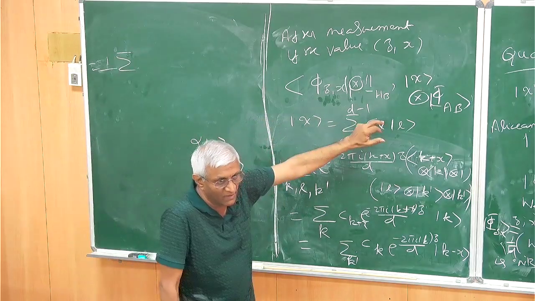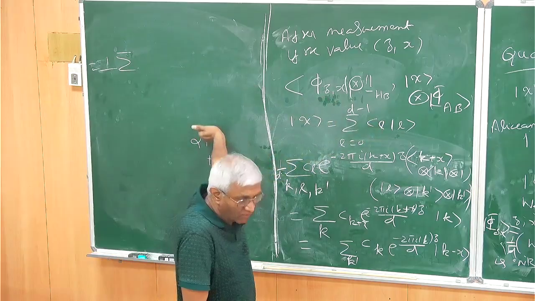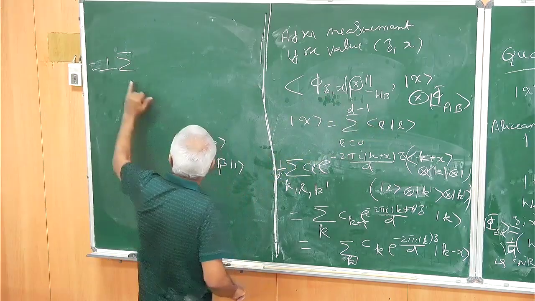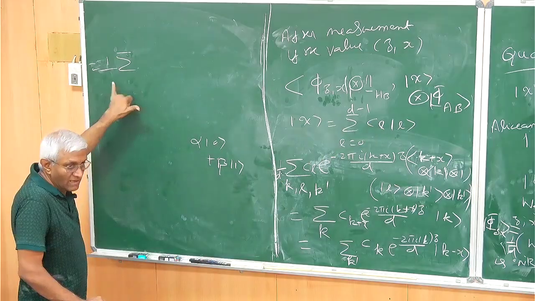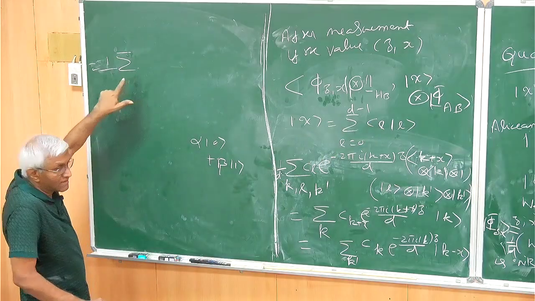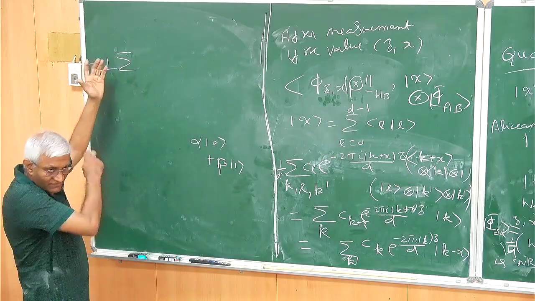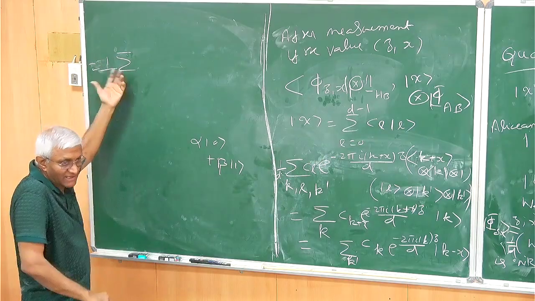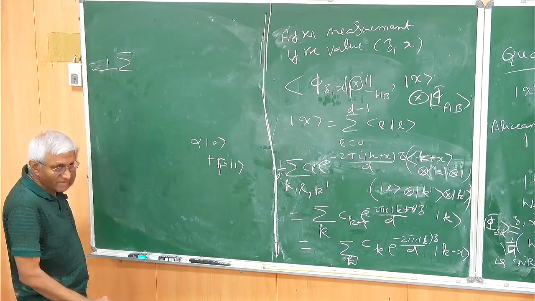We are only taking the inner product of the vectors. So if you take the state, it will be 1 by d square. We are calculating the vector, and the state will be the pure state given by this vector. Then you will get 1 by d square.